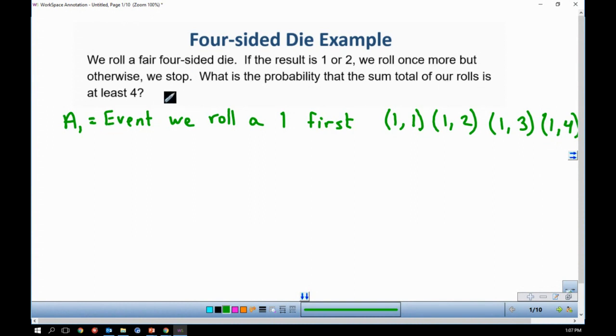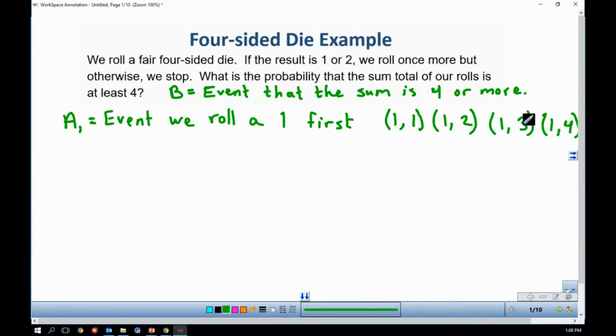So let me preface this by saying that B is the event that the sum is 4 or more. Okay, so if I roll a 1 first, then I'll have to roll again.